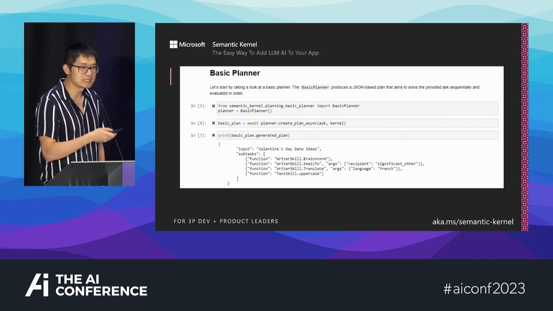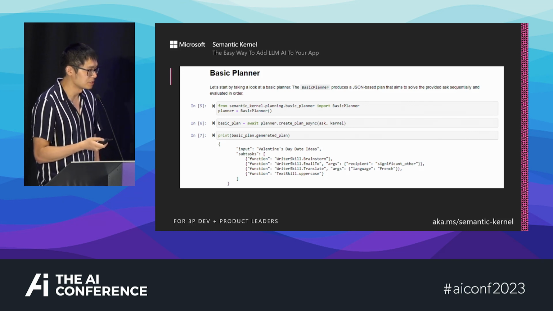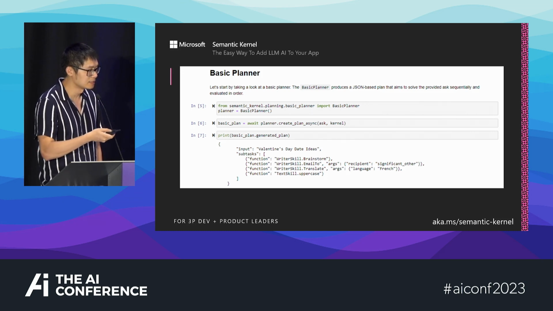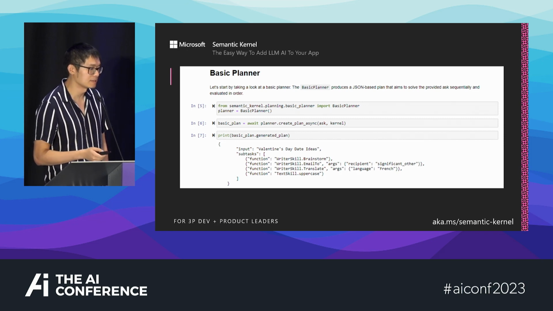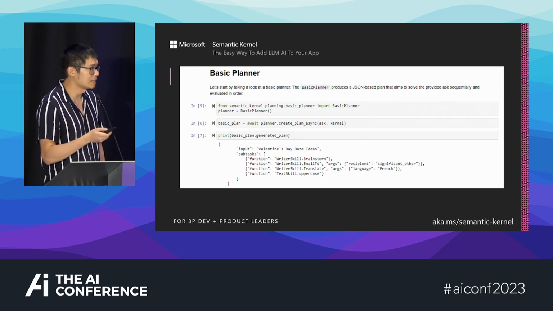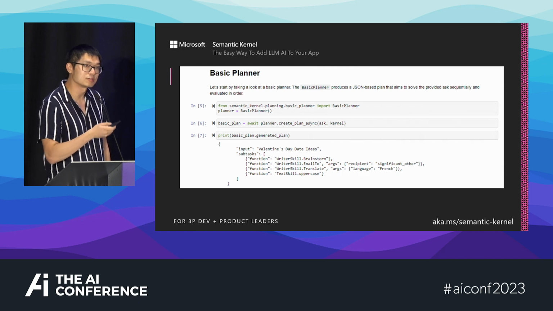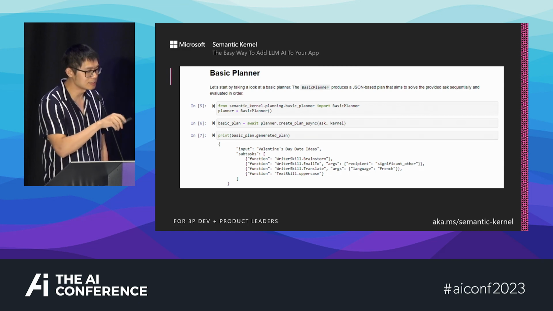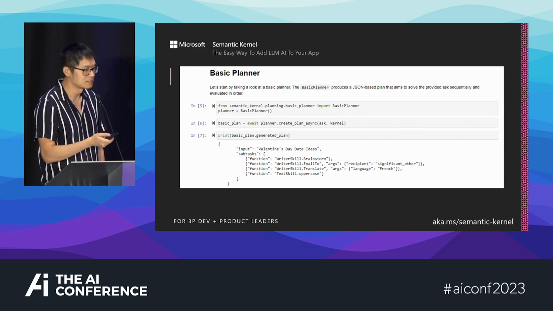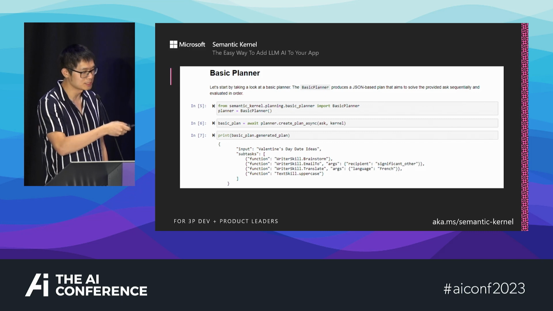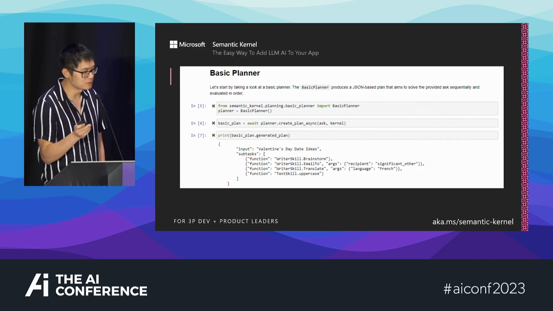So in a basic planning scenario, let's create a JSON-based plan that will aim to take that ask and solve it sequentially. This one in particular is the Python version, and the basic planner, more or less, you could think of like a sequential planner as well, but this one's JSON-based, whereas the sequential one is XML-based.